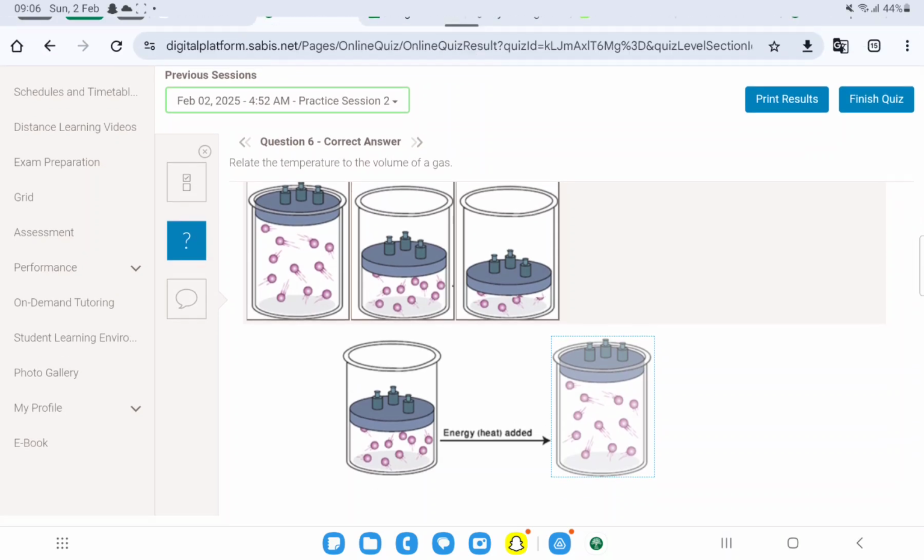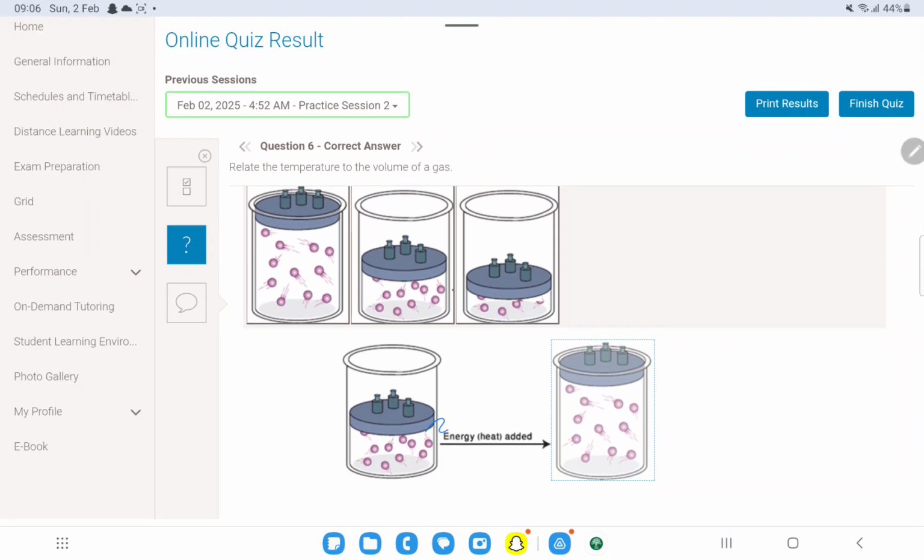So here we have this picture with this volume, and then we added energy, so the particles moved faster and they exerted extra pressure on the walls, and at the same time volume is directly proportional to the absolute temperature, and the absolute temperature itself is directly proportional to the pressure, so volume is directly proportional to the pressure.